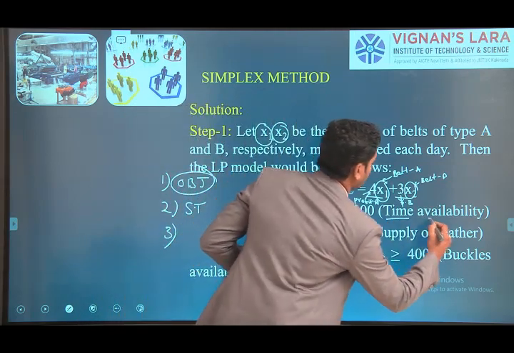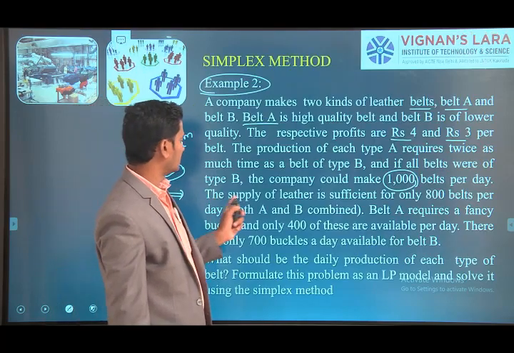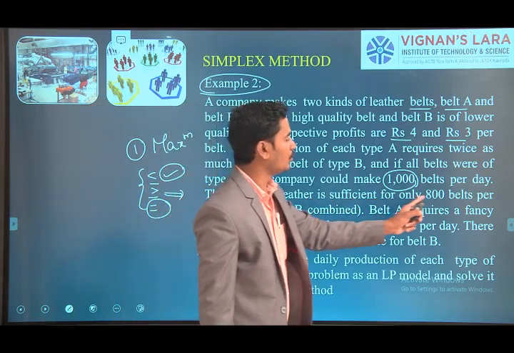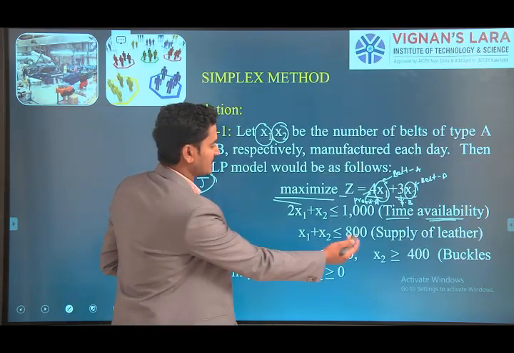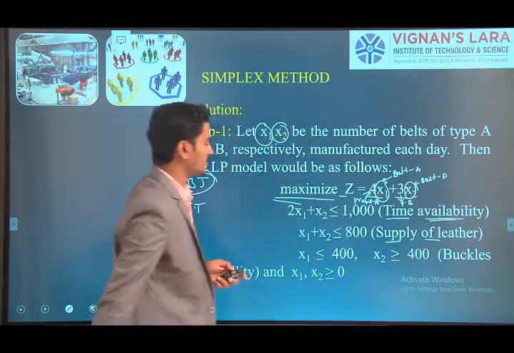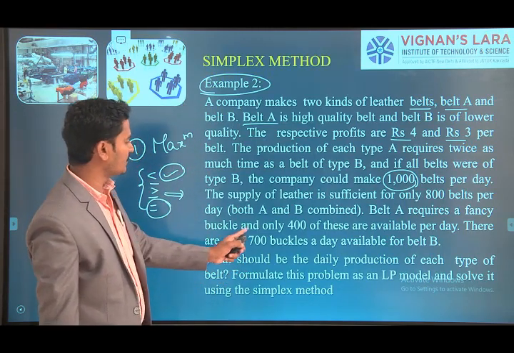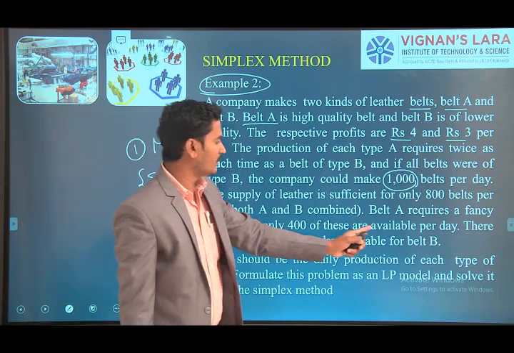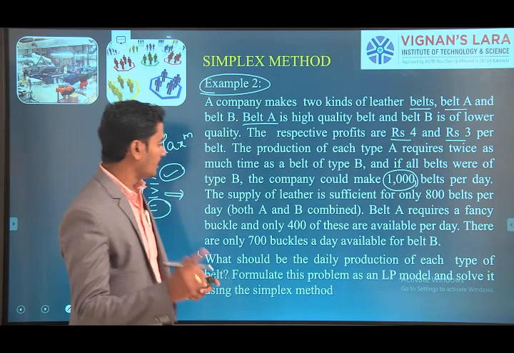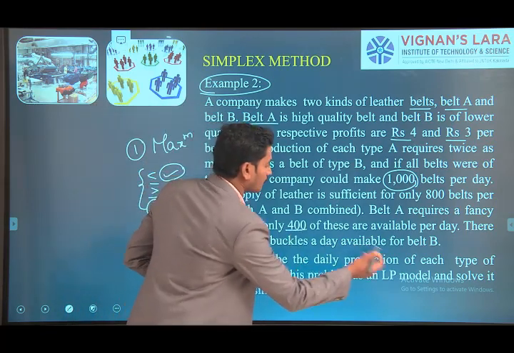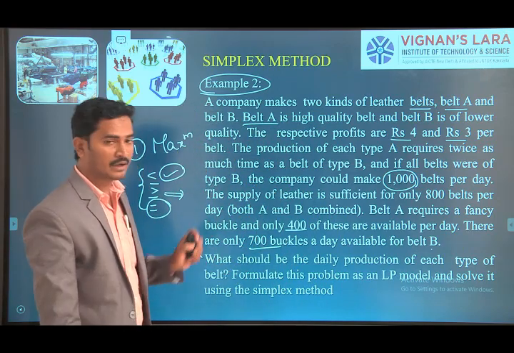It is the time availability constraint. Next, the supply of leather is sufficient for only 800 belts per day. The leather supply is the second constraint. Next, belt A requires a fancy buckle and only 400 are available per day, and there are only 700 buckles a day available for belt B. Here, buckles are the other constraints: 400 and 700.